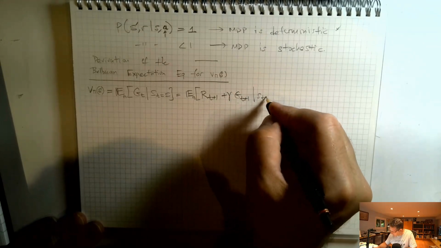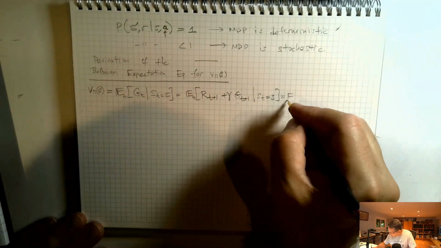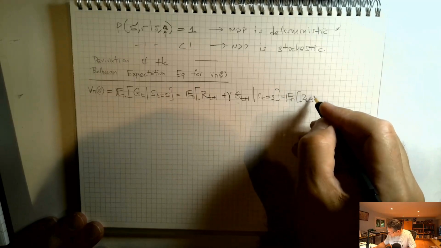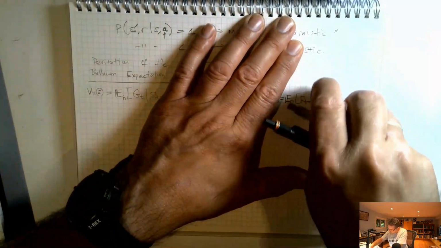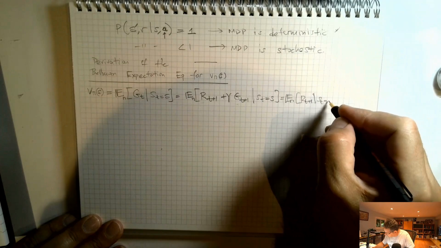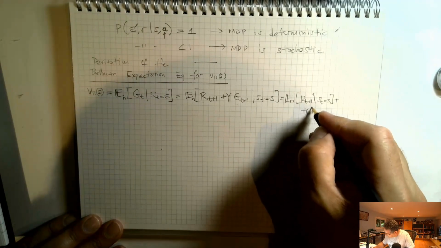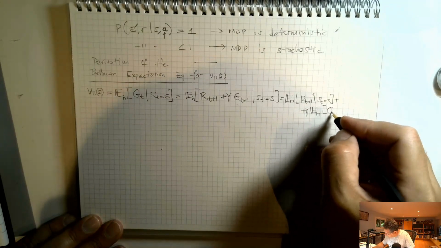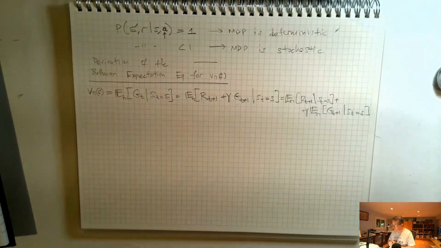So given St is equal to s, we can break it down into two parts: the expectation of Rt plus 1, that's the first part. I'm sorry, I forgot the conditional. Given St is equal to s, plus gamma times the expectation over pi of Gt plus 1 given St is equal to s. These are the two terms.